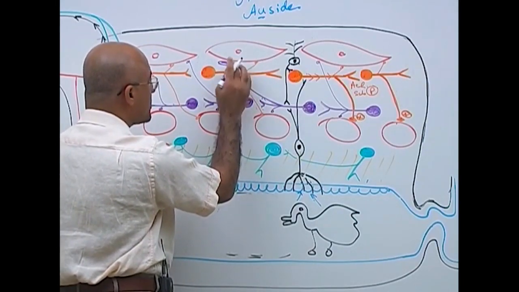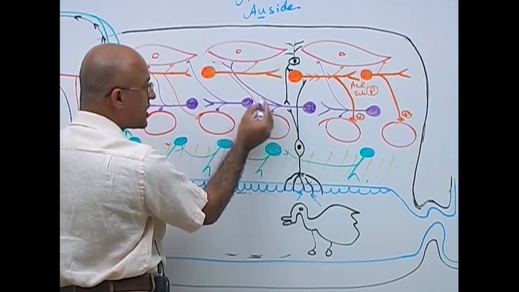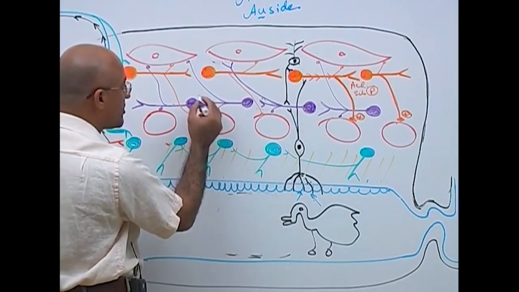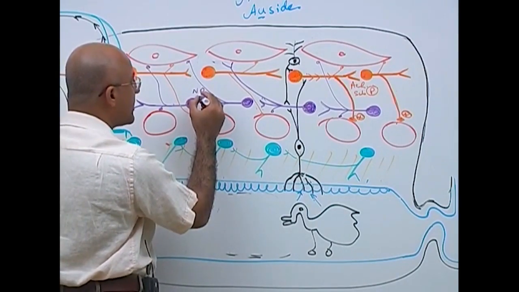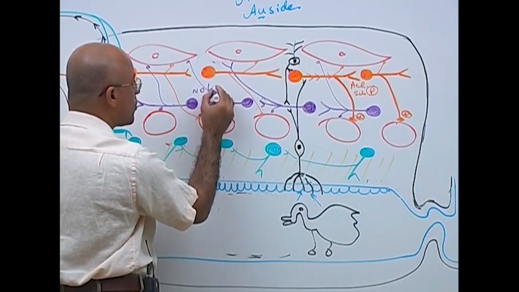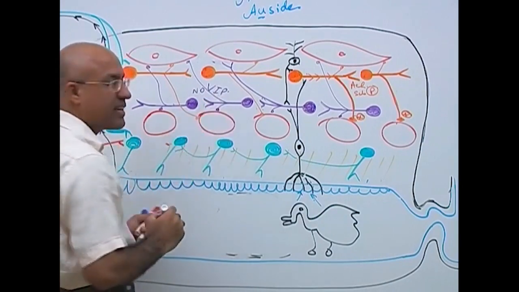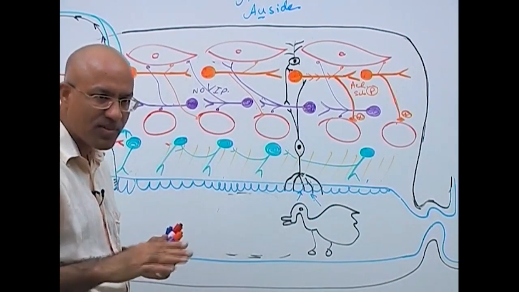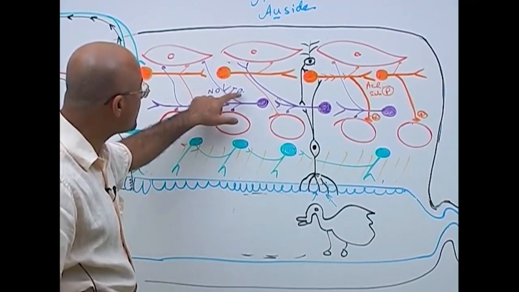These neurotransmitters are nitric oxide and VIP, vasoactive intestinal peptide. So both of them are inhibitory.